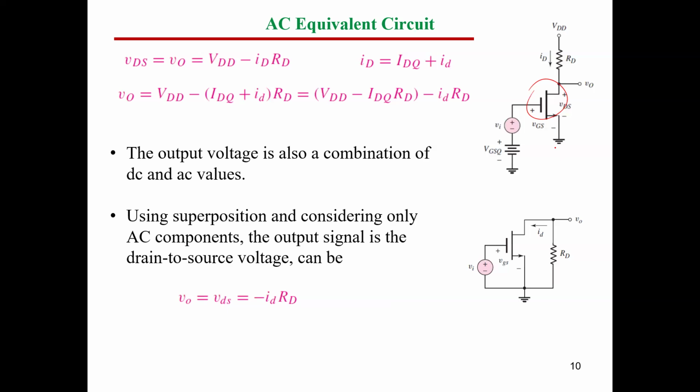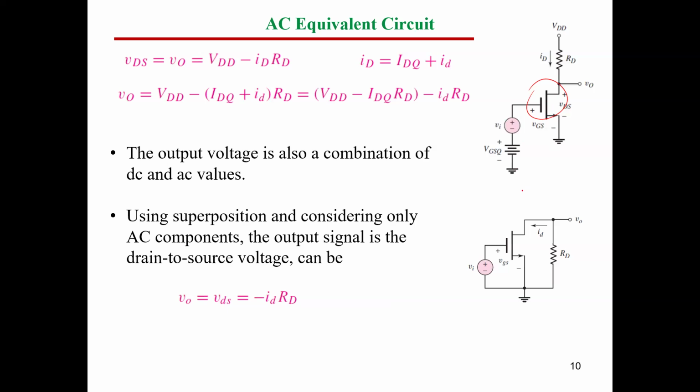But we didn't go inside the MOSFET itself in the DC analysis because we don't need to. We already represent the inside parameters by means of the ID versus VDS equation. For the AC analysis, we need a similar thing, but we are going to provide an equivalent circuit for the MOSFET in the AC analysis. So let's see how can we do that.